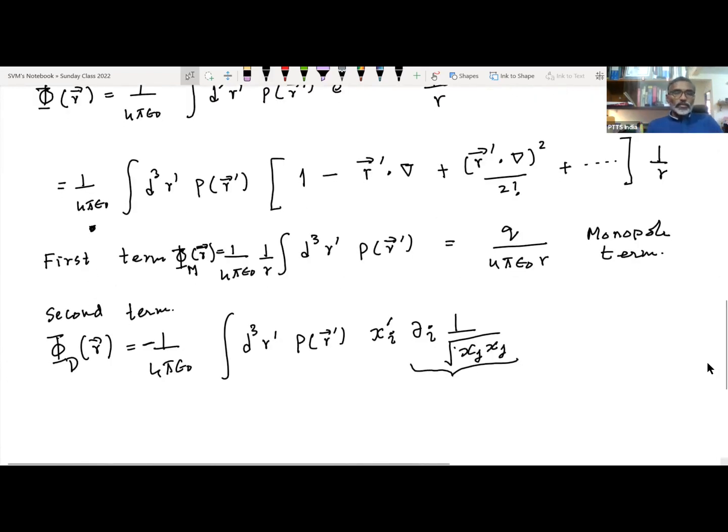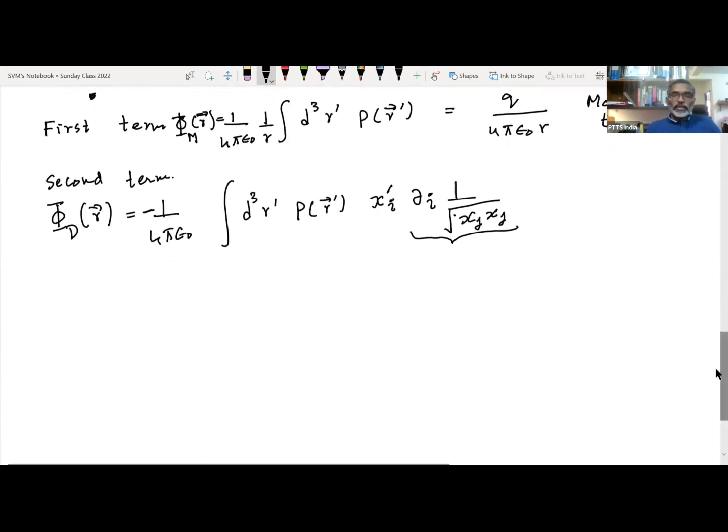So this is equal to, there is a minus sign there. So we know that this is nothing but minus xi divided by xj squared to the power 3 by 2. So that minus sign and this minus sign will cancel.